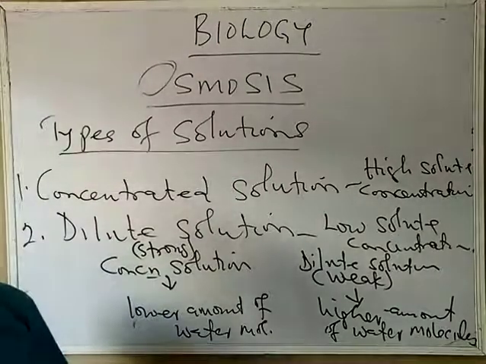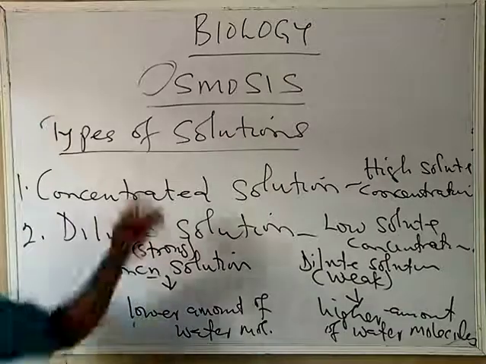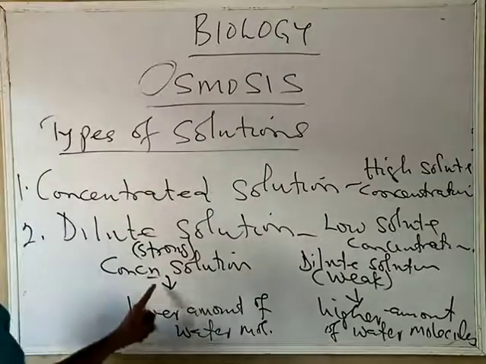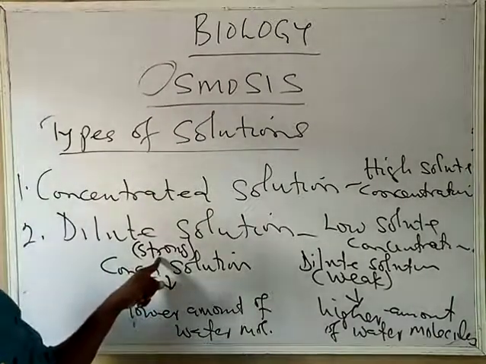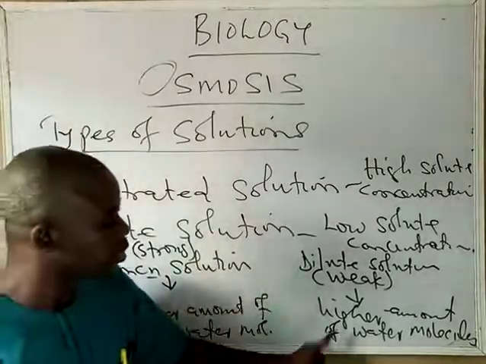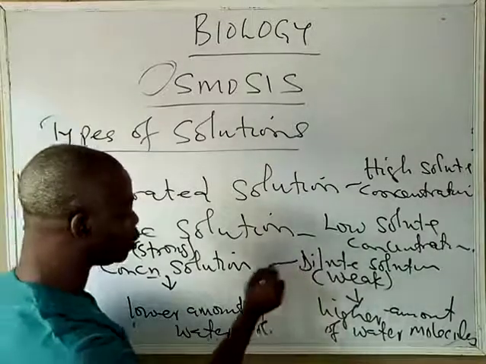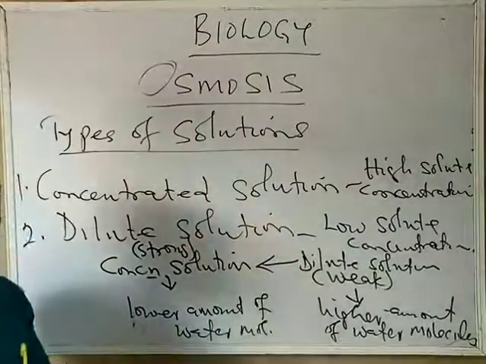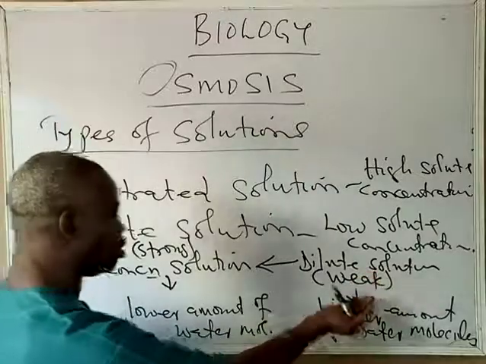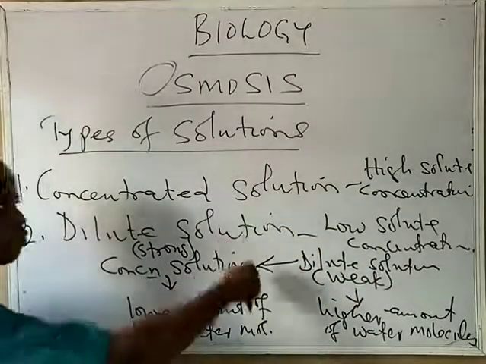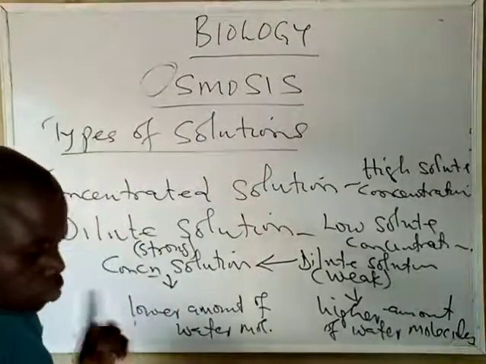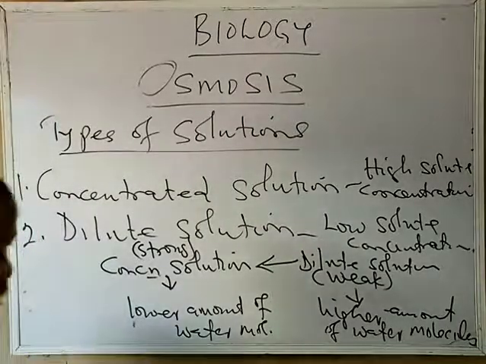So in short, the movement of water molecules during osmosis is such that the water molecules move from where the solute concentration is low to regions where the solute concentration is high, that is from the dilute to the concentrated solution. In osmosis, water molecules move from the weak solution, that is from the dilute solution to the concentrated solution. But this movement must necessarily be through a semi-permeable membrane.